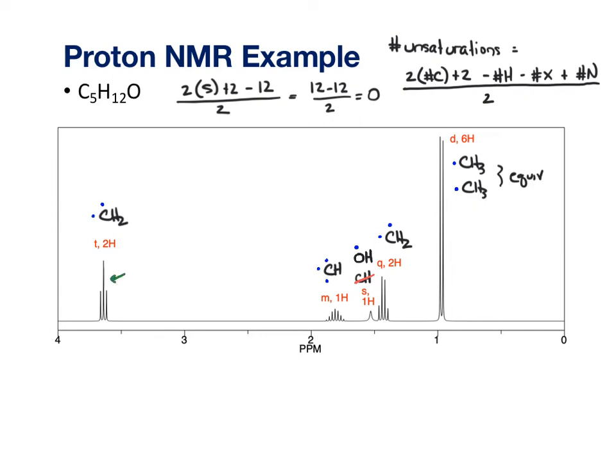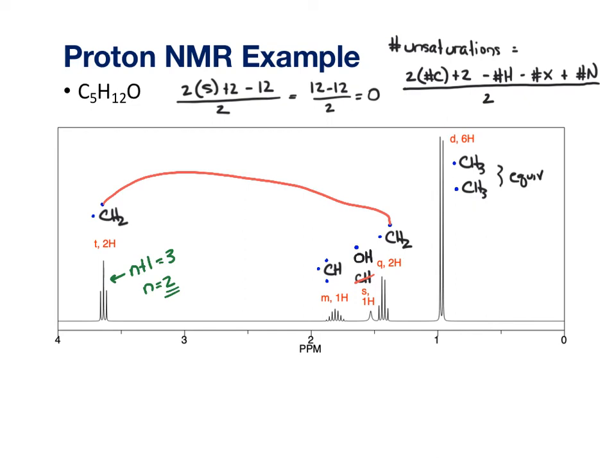This is split into 3 lines. N plus 1 is 3. N equals 2. That means the neighbor that that's connected to should have 2 hydrogen on it. Well, we're in luck. There's only one option. The CH2. So that works out.